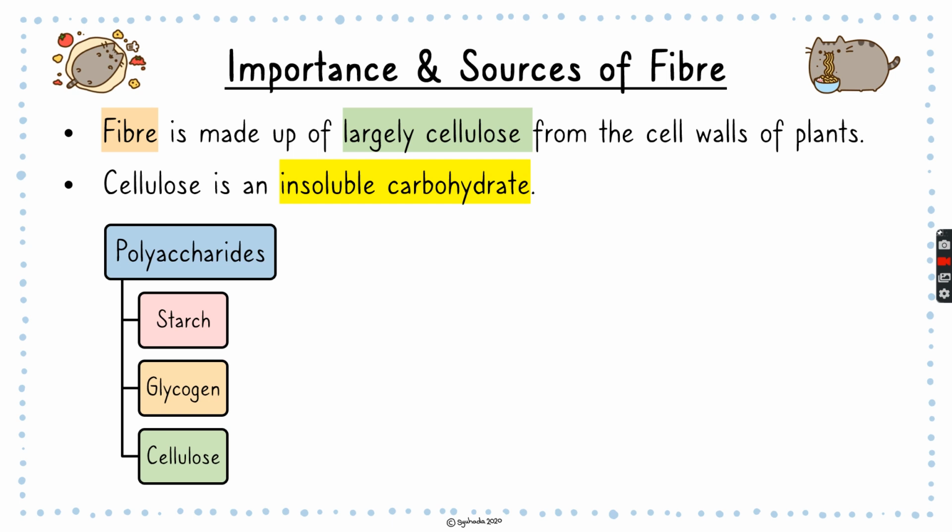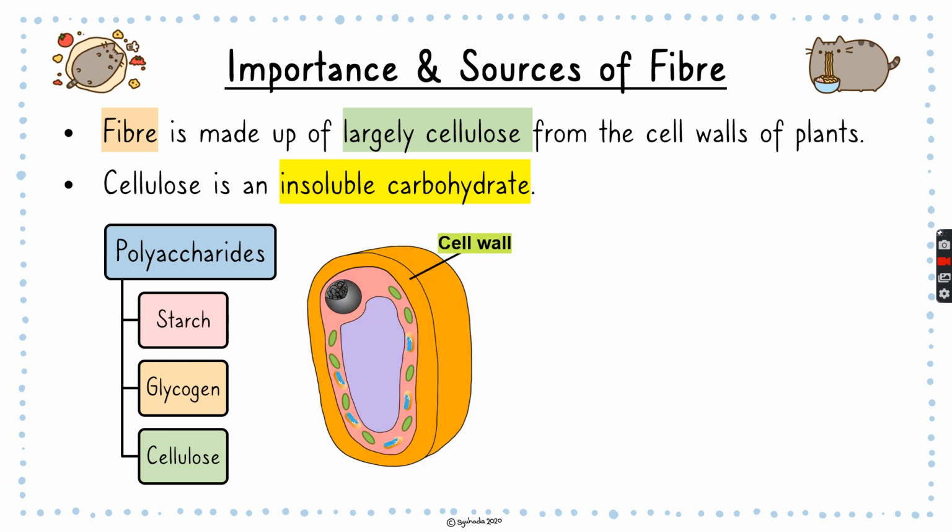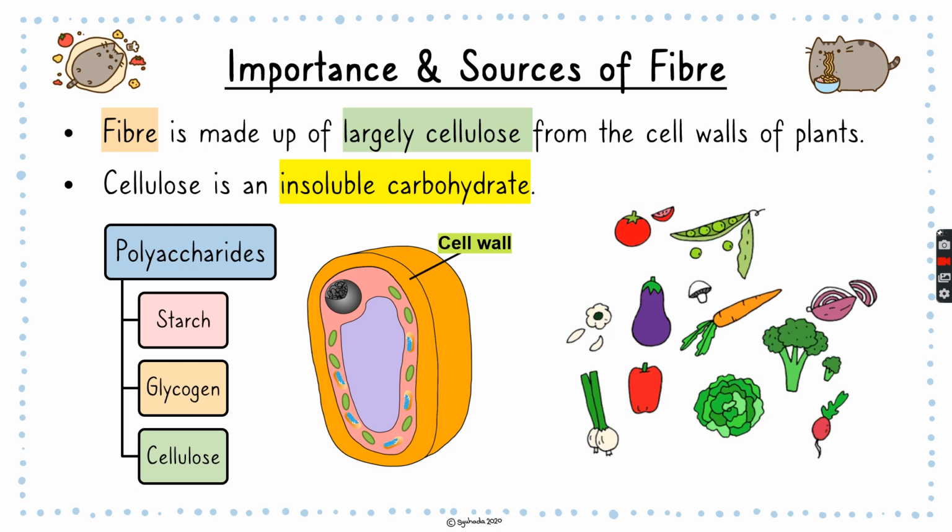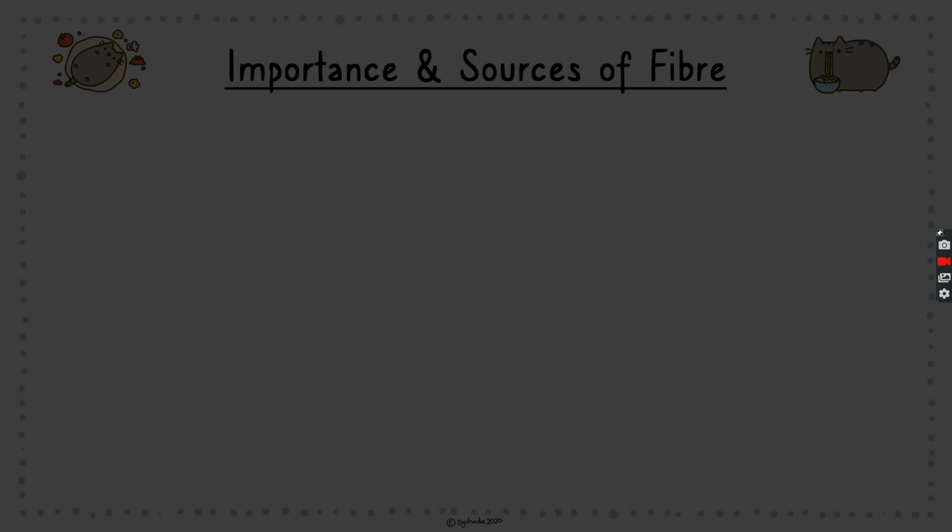You have starch, which is used for energy, glycogen, which is the storage of sugars in your muscles and also your liver, and cellulose. Cellulose is the component that makes up the cell wall of plants. And where can you find a lot of cell walls? In plant material, like fruits and vegetables.